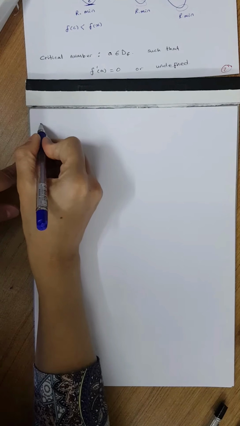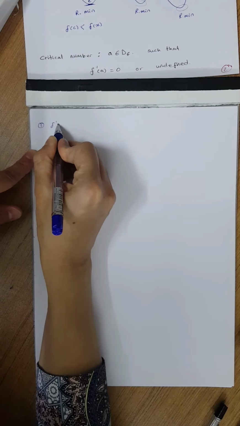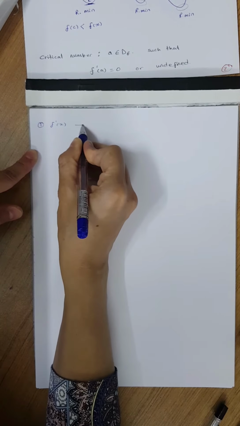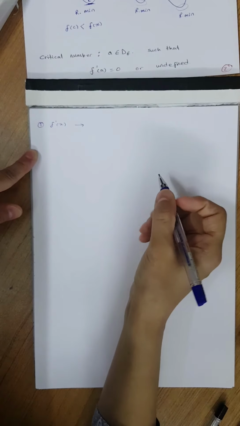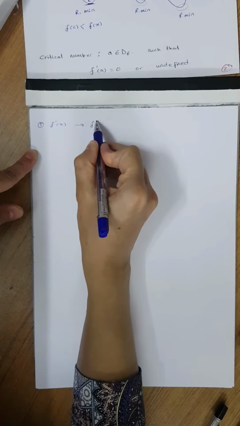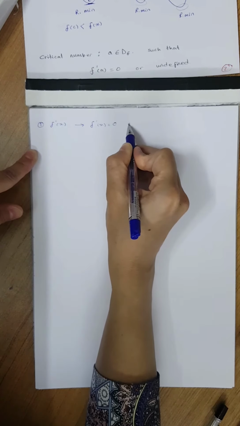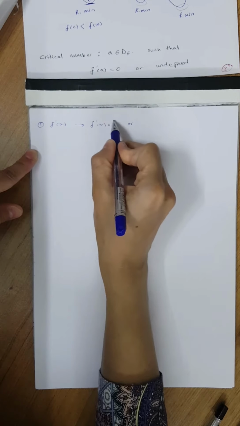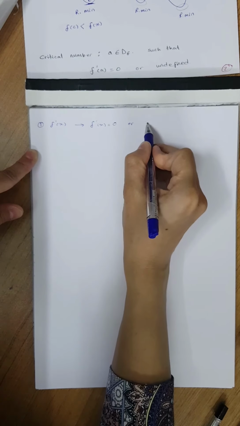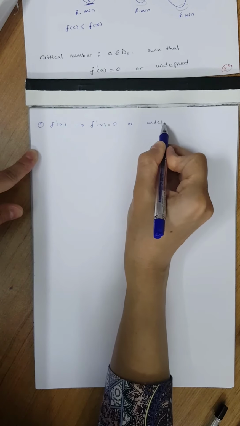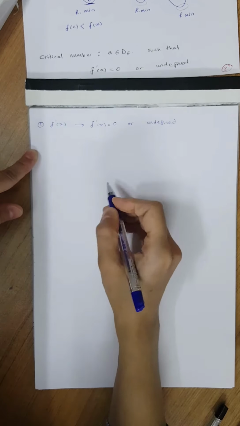So what do we have to do? We are finding the derivative of the function, and then we are finding the critical numbers. That means we are finding those numbers that make the first derivative equal to 0 or undefined or does not exist, whatever you want to call it.